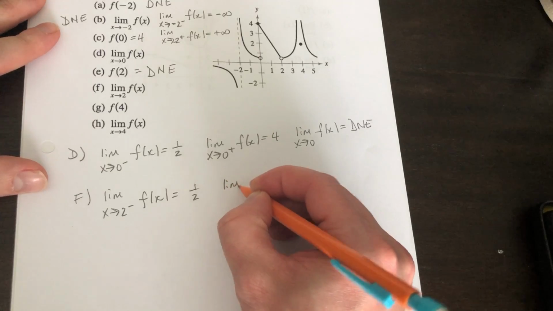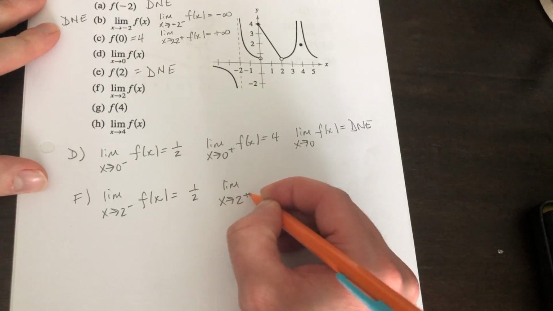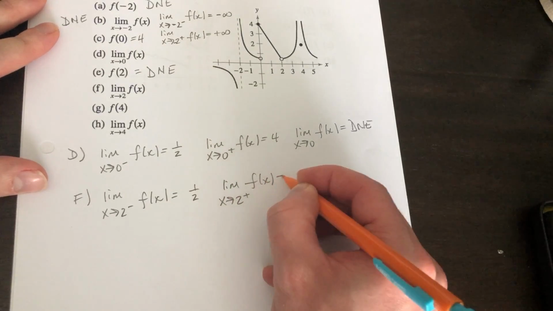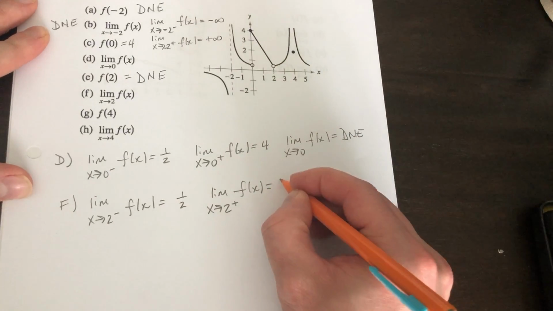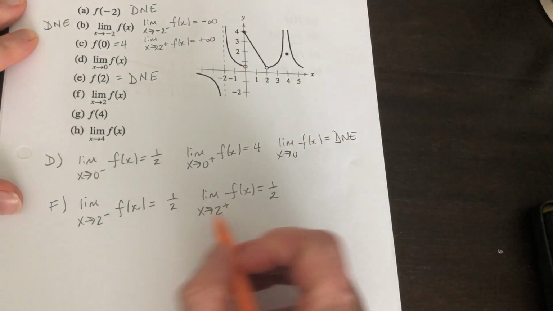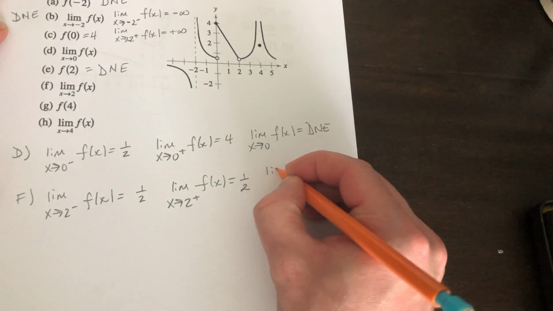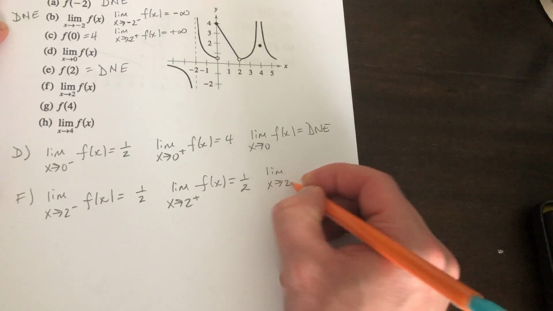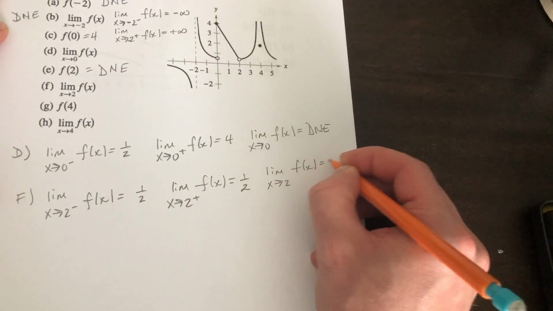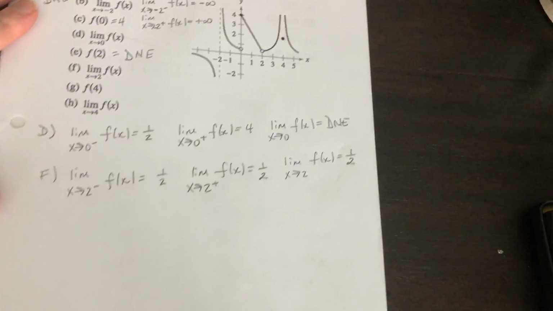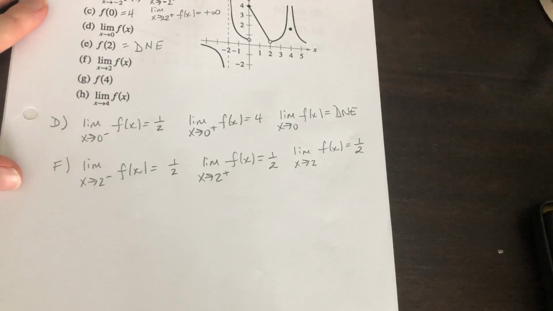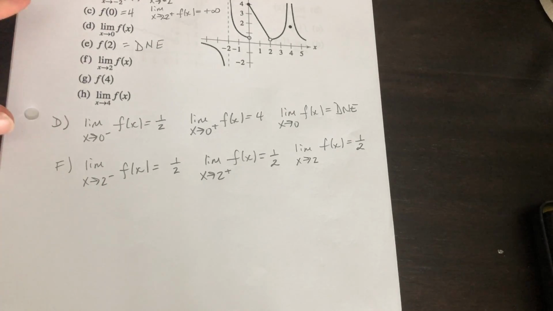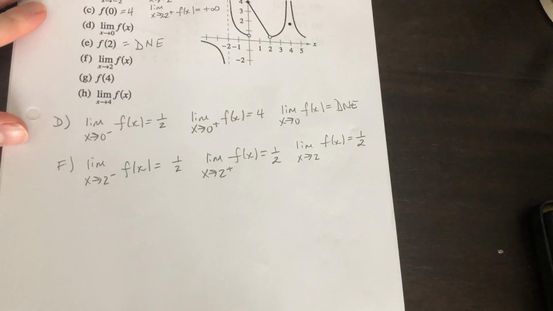The limit as x approaches 2 from the right-hand side is 1/2. Since the left-hand limit equals the right-hand limit, the limit as x approaches 2 is equal to 1/2. And if you're going to ask me if you have to do this every single time, yes, you do. Okay? Until you are a pro at this stuff.